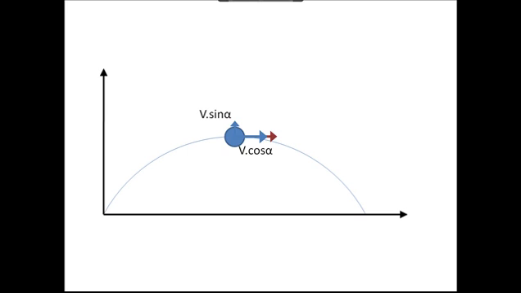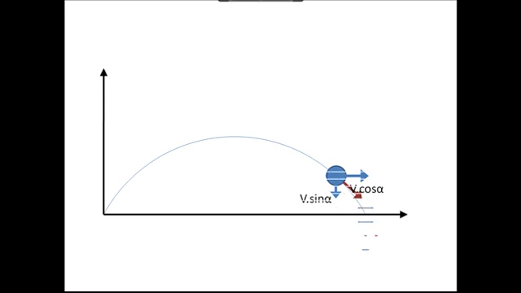At the highest point, v sin alpha becomes 0, and then when the particle starts falling down, v sin alpha goes on increasing, and finally when it comes to its original level, that is the x-axis, we find that it gains v sin alpha again, the same value as with which it started, but in the opposite direction.